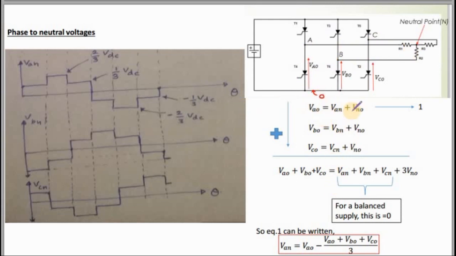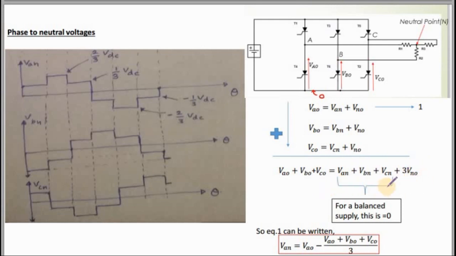So as same as that, you can write an equation for VBO and VCO. Then you add all these three equations. You can take VAO plus VBO plus VCO is equal to VAN plus VBN plus VCN plus 3 times VNO.